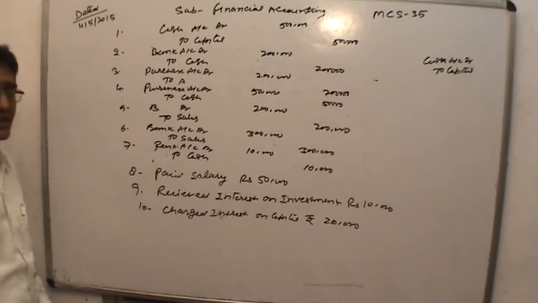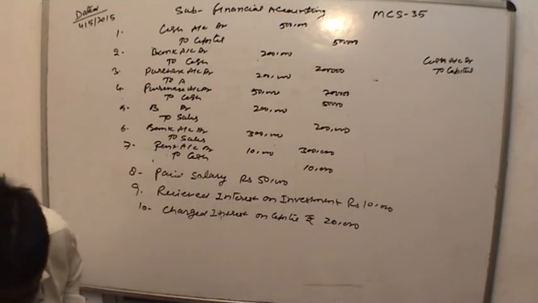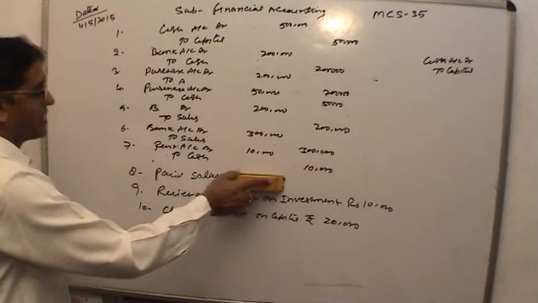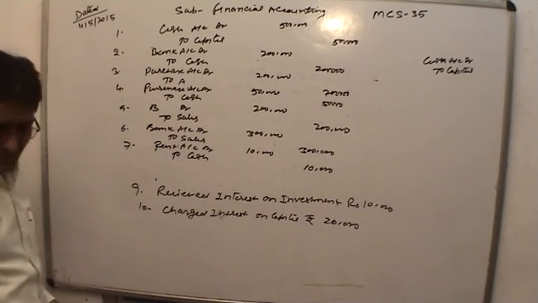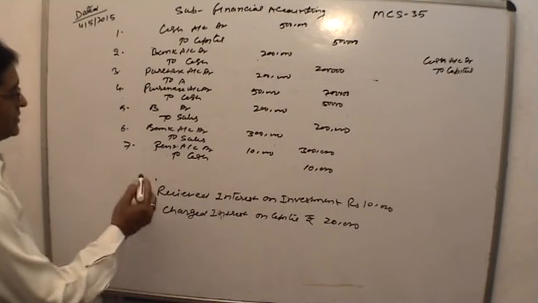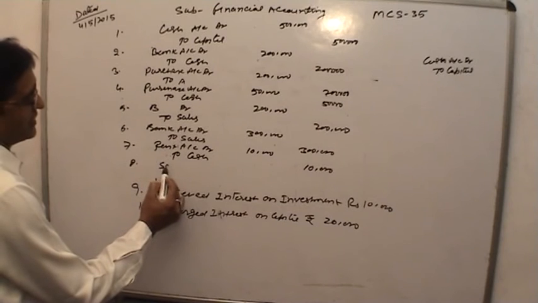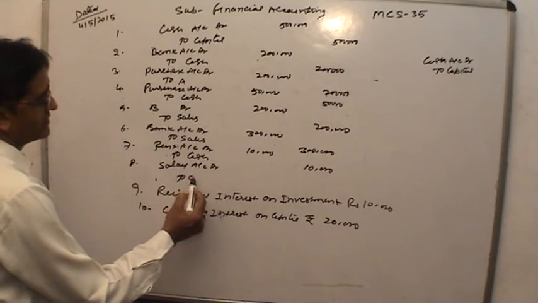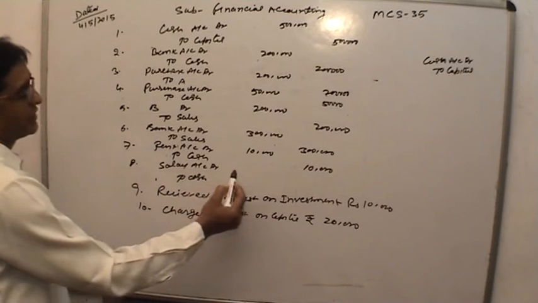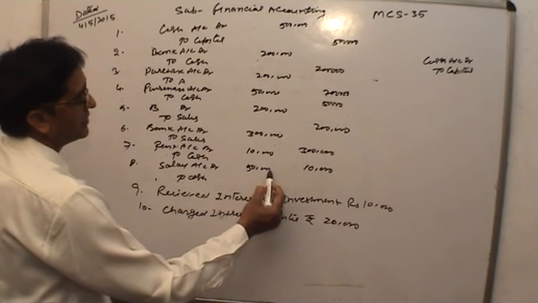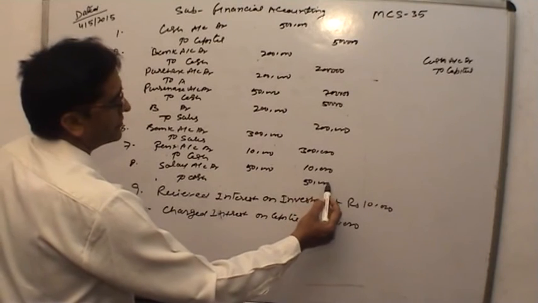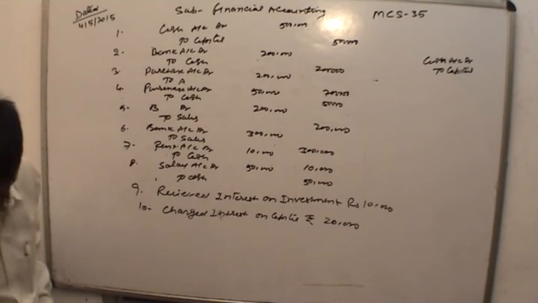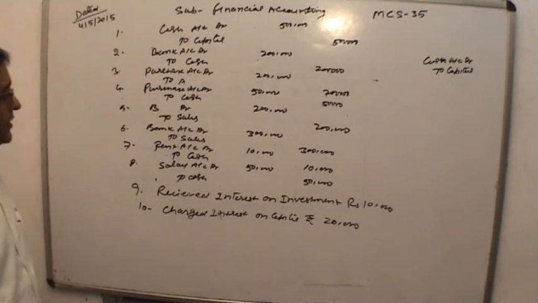Then paid salary, salary is also nominal account, and the same entry will be passed like salary account debit to cash by rupees 50,000 and 50,000. Then received interest on investment rupees 10,000.